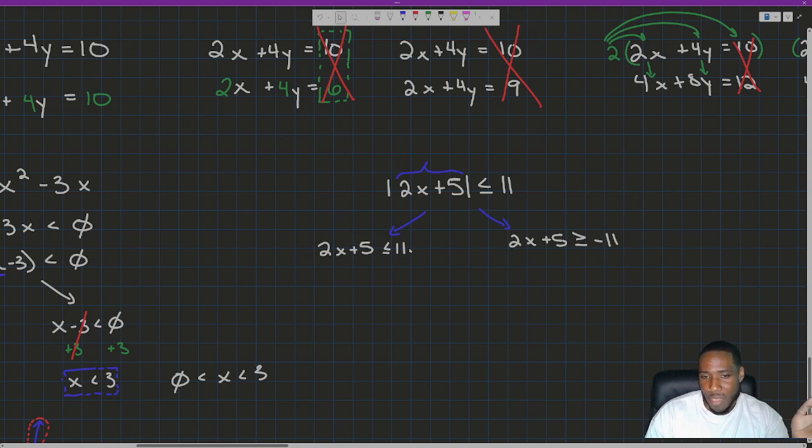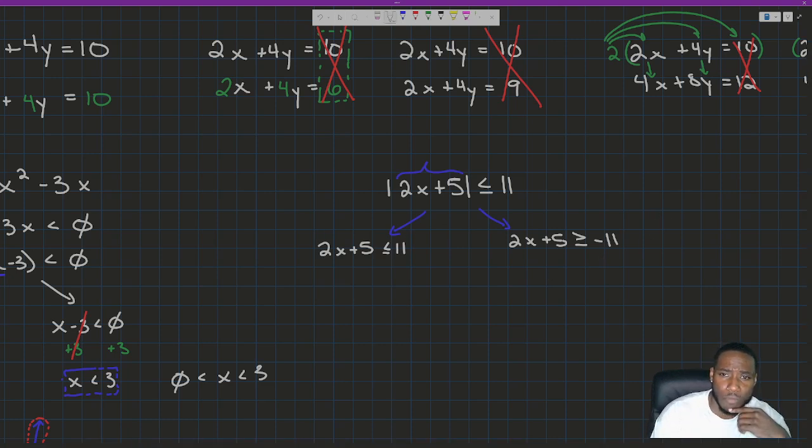It can't be greater than 11 because then there'd be more than 11 spaces away from 0 on the number line. And over on the right side, this expression has a value that is greater than or equal to negative 11. If it was less than negative 11, then it would be more than 11 spaces away from 0 on the number line. For example, negative 12 is more than 11 spaces away from 0. So let's go ahead and solve. And this should make quick work of what we're looking at here.